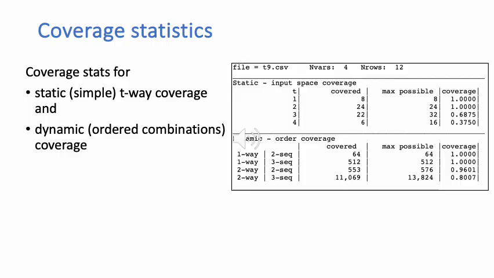So the columns on the left there, 1 way and 2 sequence and so on, that indicates the values of T. So T of 1 followed later by T of 2, and then the second column there where it says 2 sequence and 3 sequence, that refers to the value of S for the orders, the 2-order and 3-order sequences.